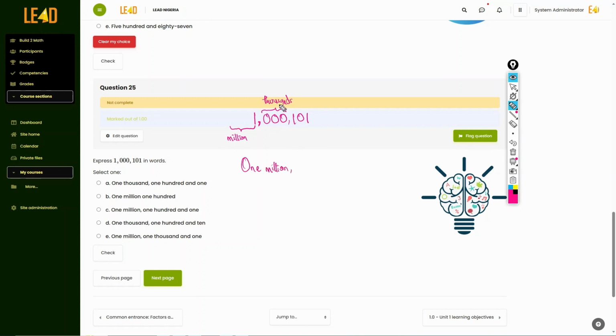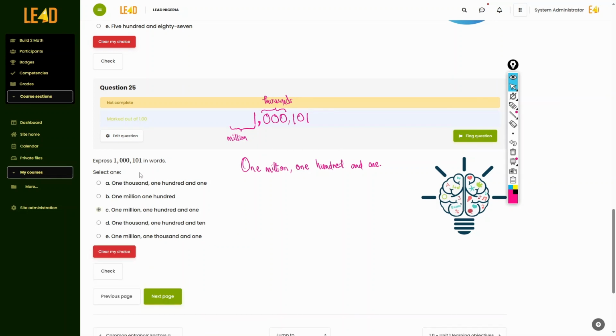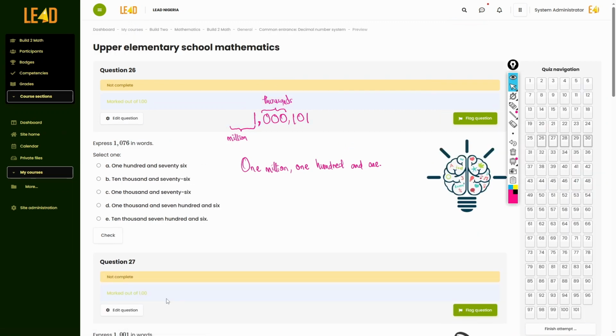There's 000 in the thousands group, but we don't bother writing it because it means nothing. So 1 million, we just move on. 101. That's C: 1 million, then no thousands, 101.